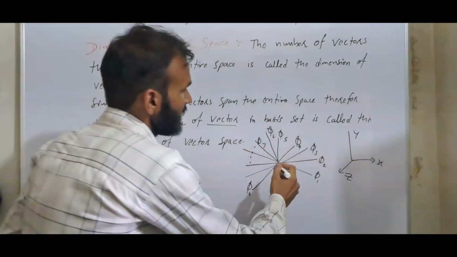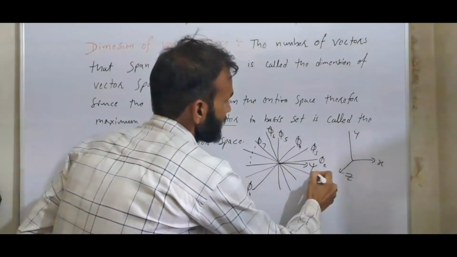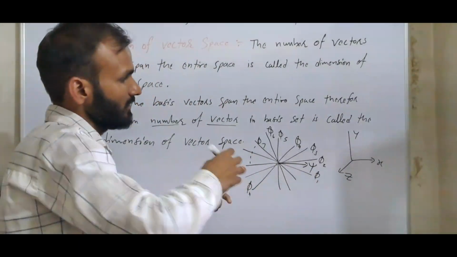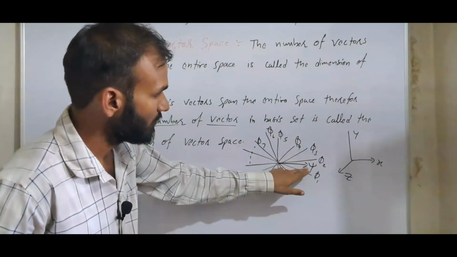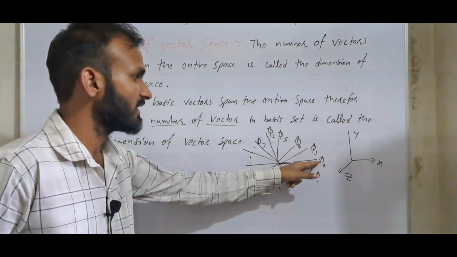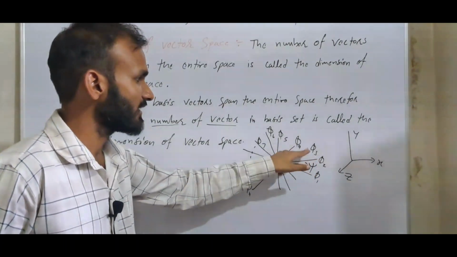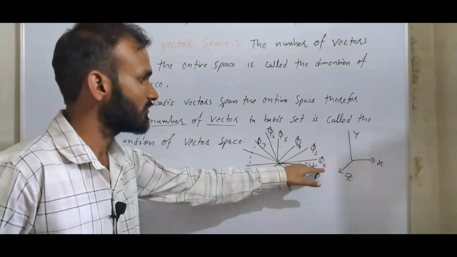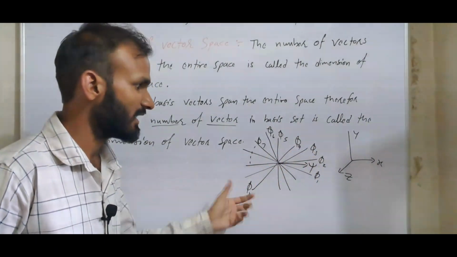Here you pick any vector, that is psi. So this vector has some shadow on this phi 1 vector, some shadow on this phi 2 vector, phi 3 vector, phi 4, phi n vector.